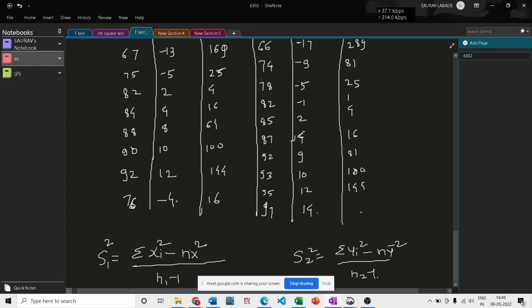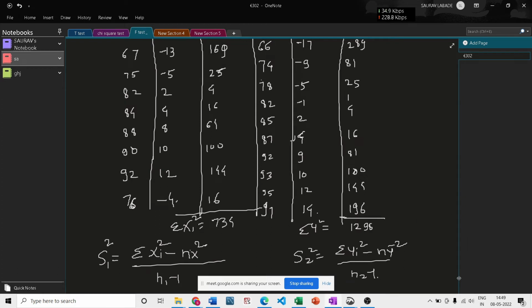Okay, now find out this sum. The sum we get here is 734, and this is the summation of x square. And this is the summation of y square, which equals 1298. So I get these two sums here.